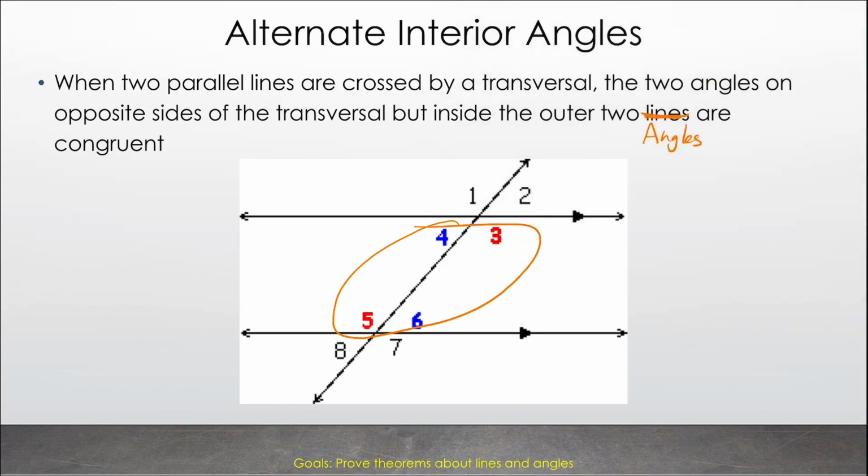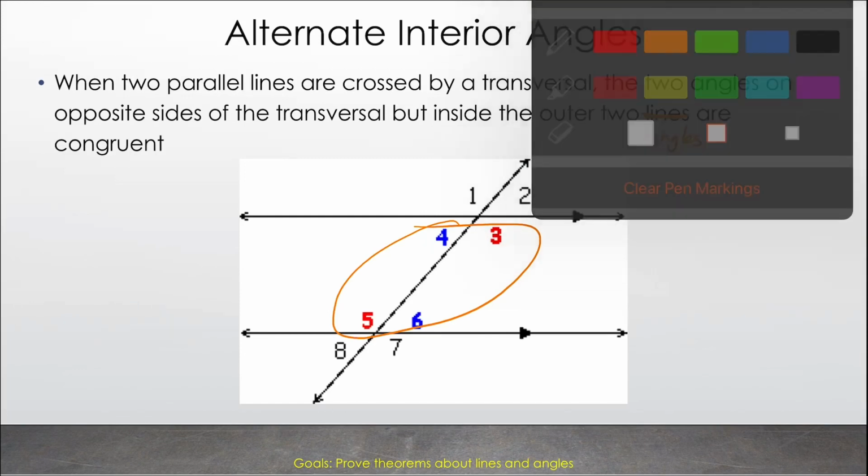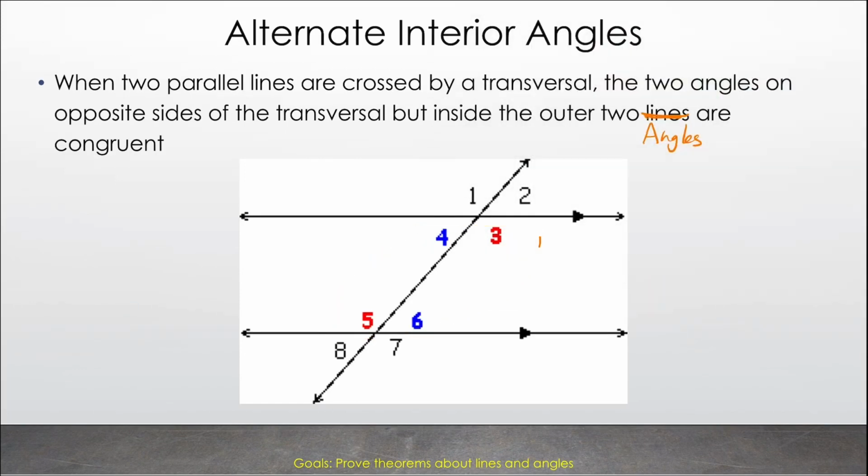This is looking at this angle and this angle. So angle 3 and angle 5 in this case are congruent.